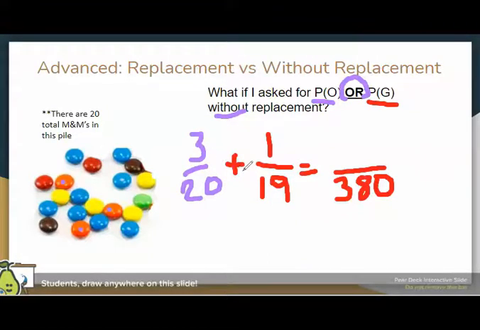And 3 times 19 is 57. Okay. And then this is just going to be 20 over 380.